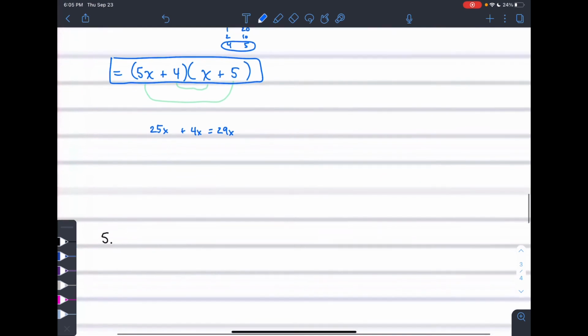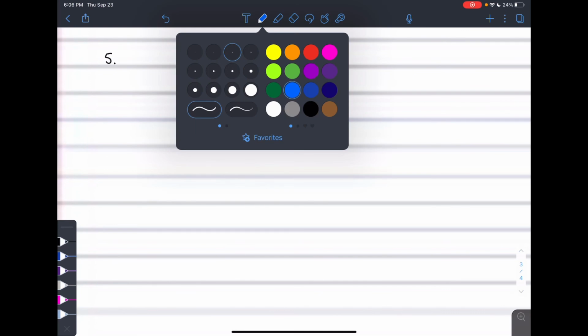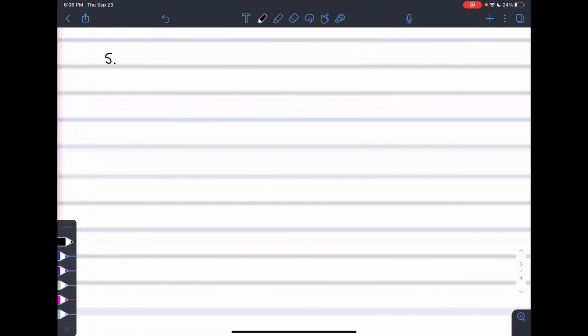Okay, so let's try another one. Let's do 3x squared plus 19x plus 20. All right.